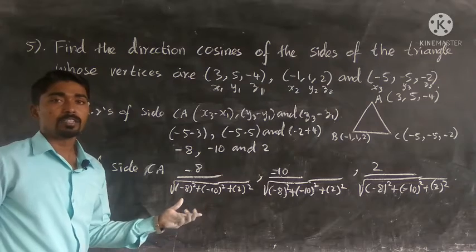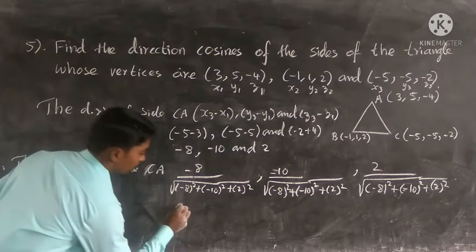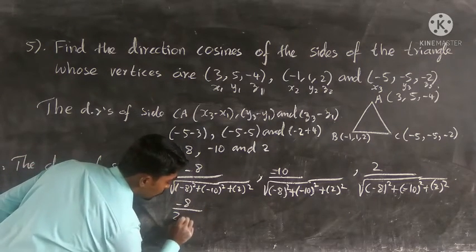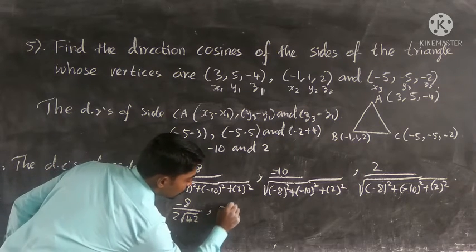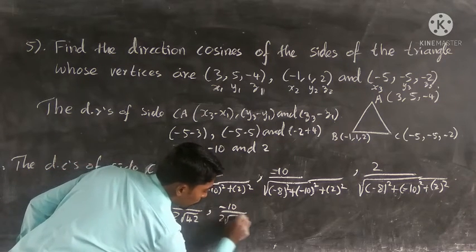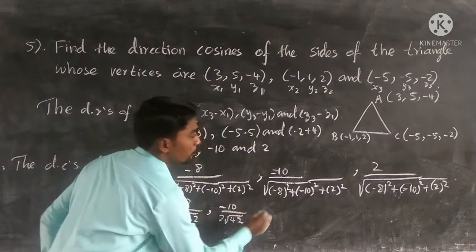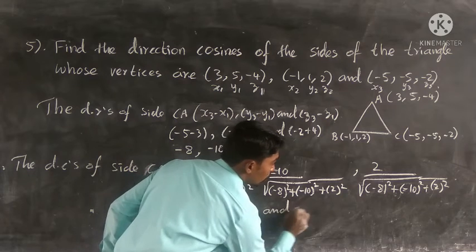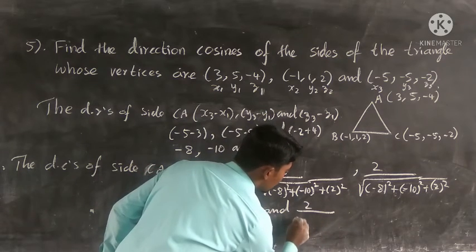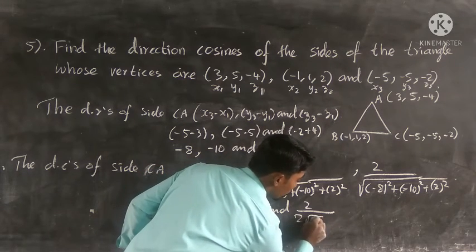Simplify this value, you get 2 square root of 42, that is -8 divided by 2 root 42, -10 by 2 square root of 42 and 2 divided by 2 square root of 42.